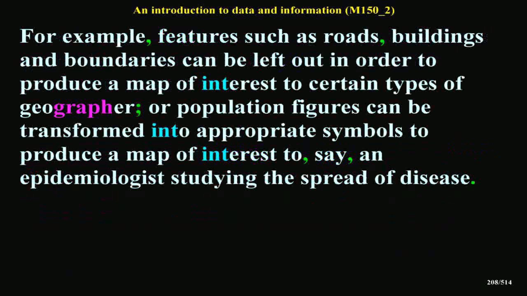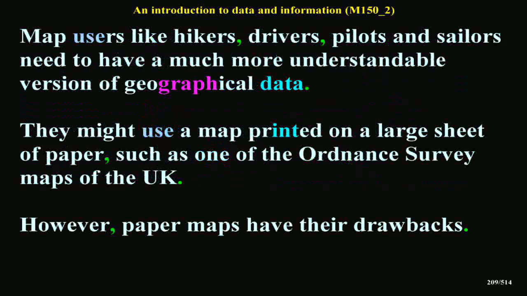Or population figures can be transformed into appropriate symbols to produce a map of interest to, say, an epidemiologist studying the spread of disease. Map users like hikers, drivers, pilots, and sailors need to have a much more understandable version of geographical data. They might use a map printed on a large sheet of paper, such as one of the Ordnance Survey maps of the UK.